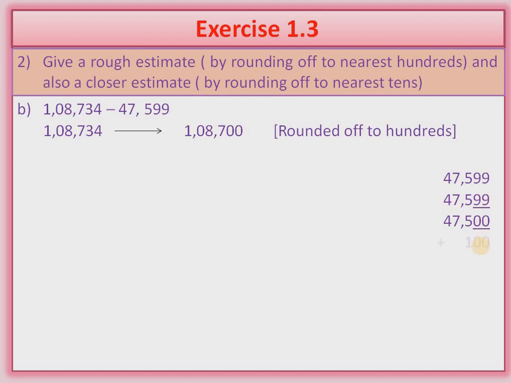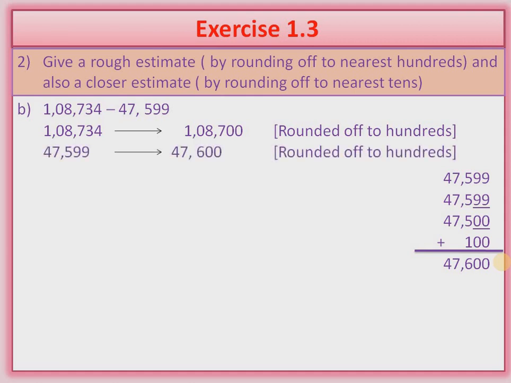So we will add plus 100. So what is the answer? The answer is 47,600 only. Understood? Now 47,599 rounded off to 100 is equal to 47,600.